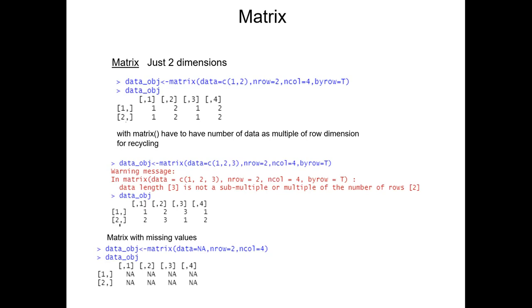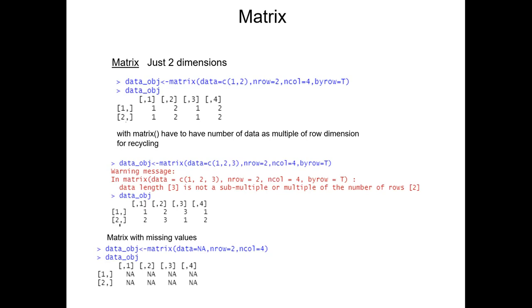And there's an argument that you can change to fill in the rows and columns in certain ways. So I have byrow is true. It takes these 1, 2 and goes 1, 2, 1, 2 across the first row, and then the second row.